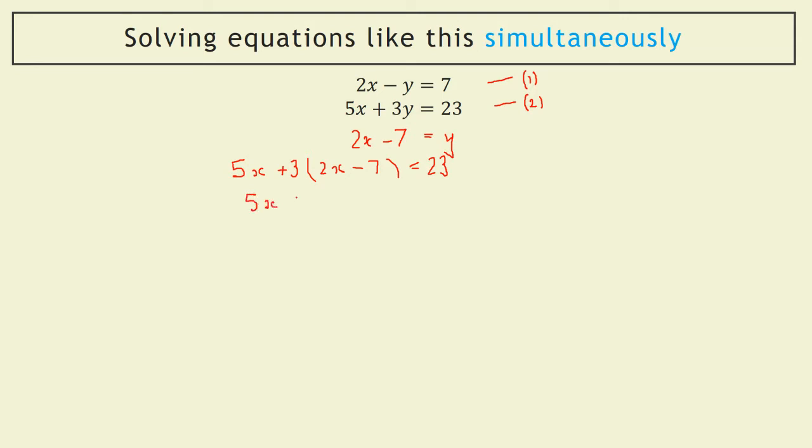Can someone give me what the bracket expands out to? 6x minus 21. Okay, everyone see that 6x minus 21? 3 times the 2 makes 6x. 3 times the 7, and it's a negative, becomes minus 21.